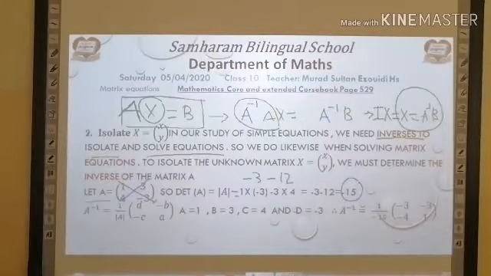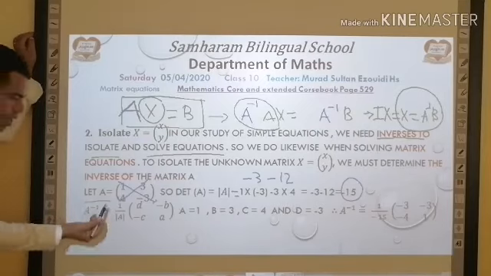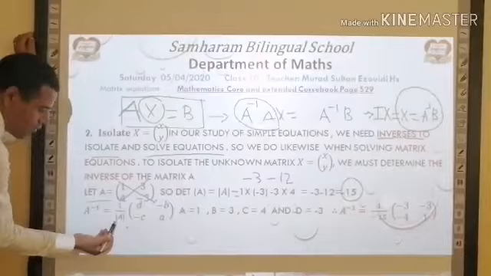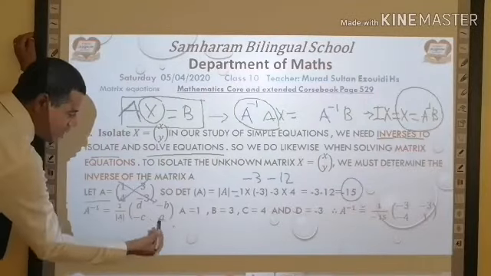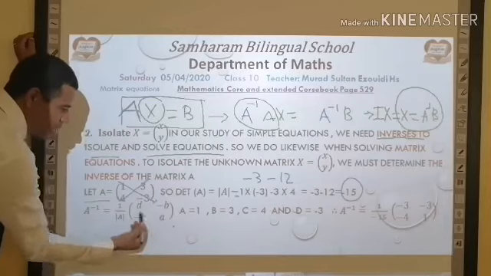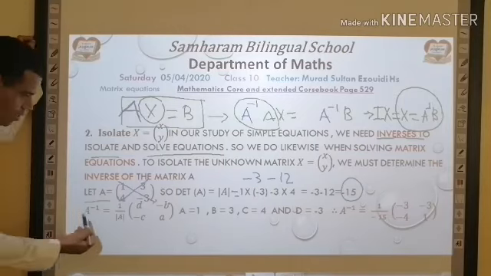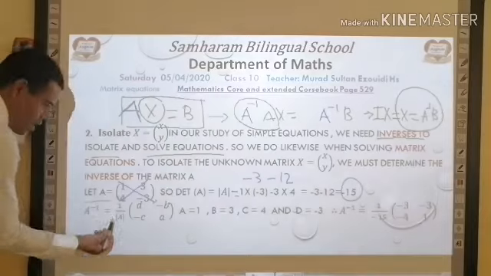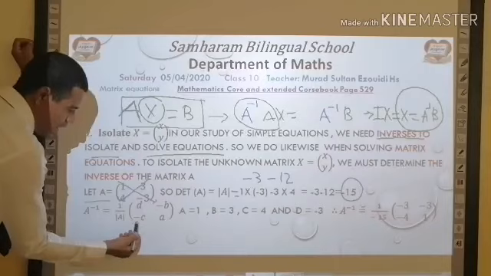Now we try to work out the inverse of the matrix. A negative 1, as you saw before, is 1 divided by the determinant of A, multiplied by the adjoint, which is a matrix.